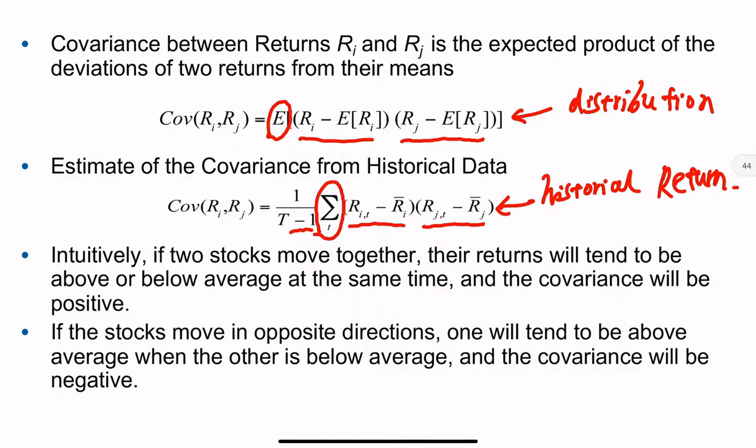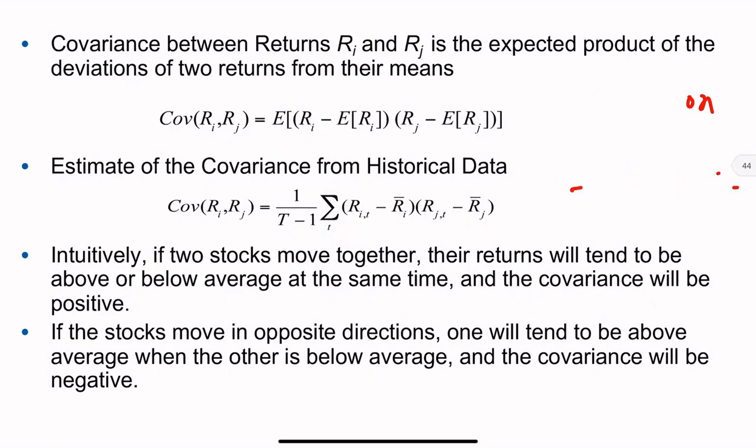So why these definitions? Why covariance, and why is covariance useful? Well, by calculating covariance, if you get a positive value, let's say the covariance of Ri and Rj is larger than 0, then you would know that return I and return J tend to move together, in the same direction.